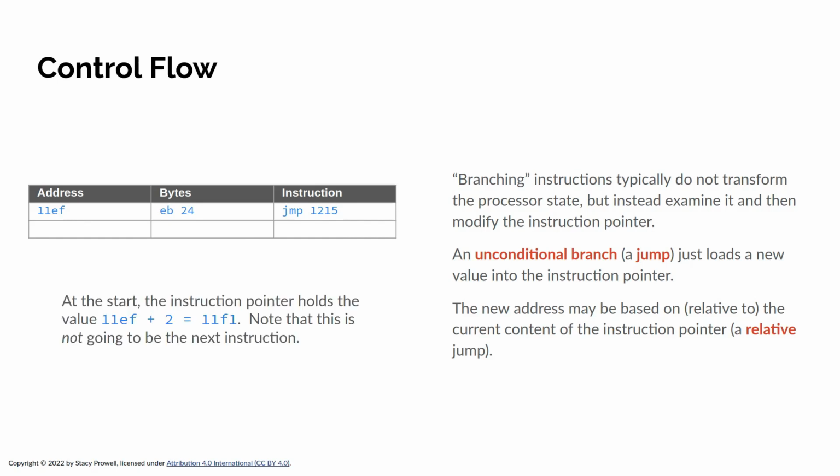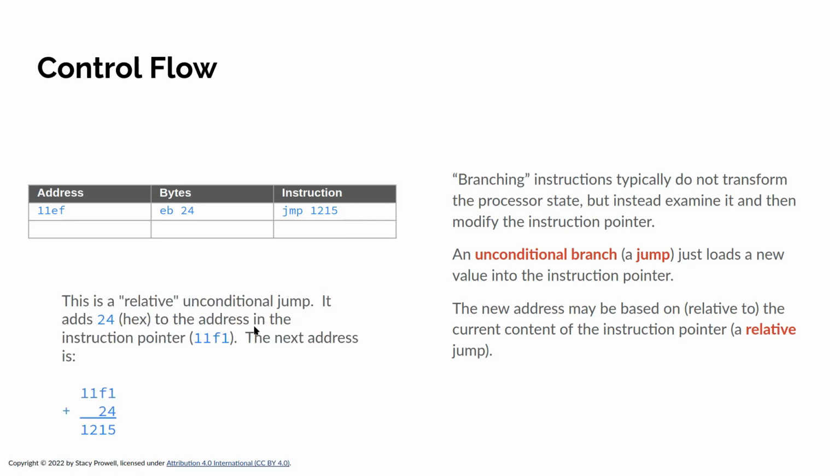Various ways to do it. We'll talk about some of those. So at the start, the instruction pointer is in fact pointing to 11F1. It's not the next instruction. It's a relative jump. You may wonder why we see 1215 here, but over here we don't see anything resembling 1215. This is a hex address, but there's nothing over here that mentions it.